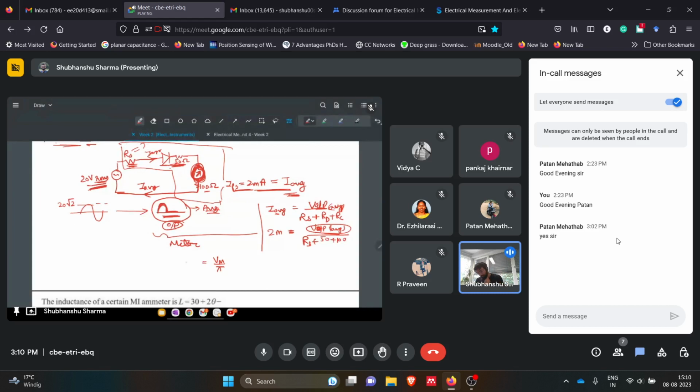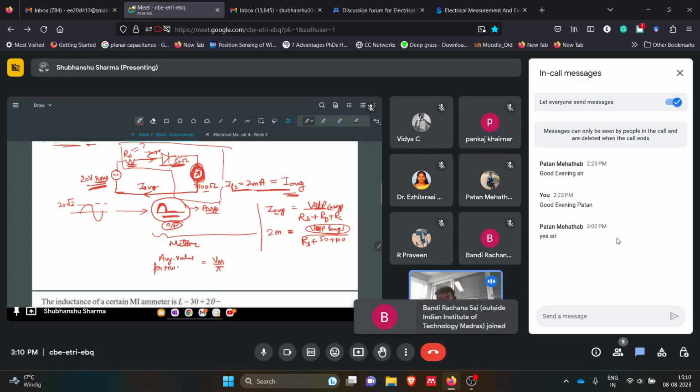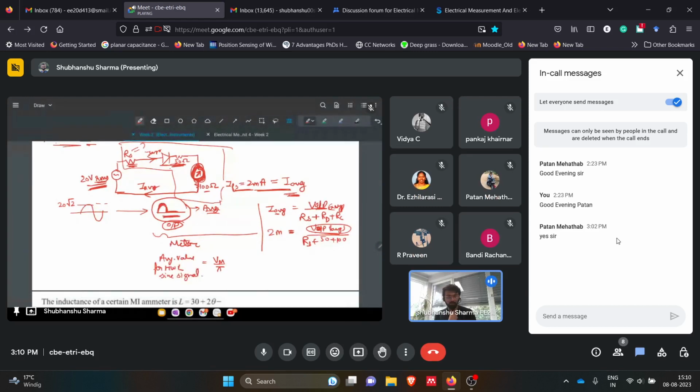So this is the average value for a half wave rectified sine signal, Vm by pi. And what is the Vm value? This was the peak value of the signal, so this will be 20 root 2 divided by pi.